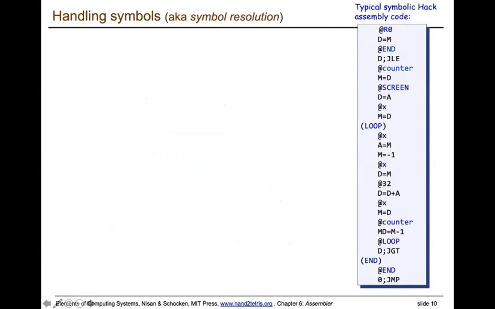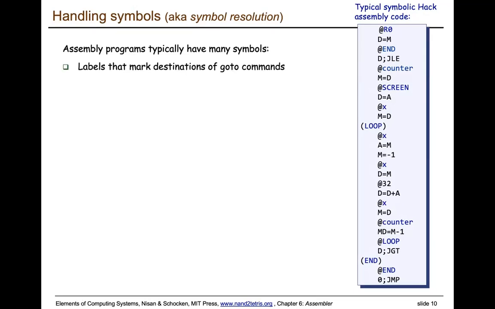Okay, this is what typical symbolic Hack assembly code looks like. Assembly typically has many symbols. The labels mark the destination of goto commands. For example, my symbols are R0, counter, screen, loop, X, and so on. Sometimes these labels mark special memory allocations, for example, screen.